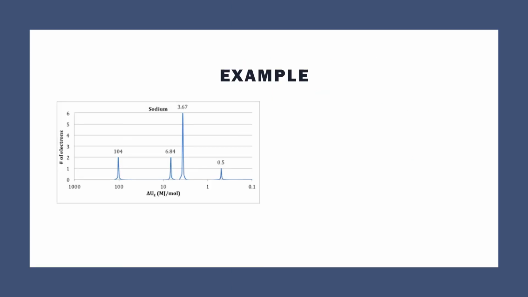So here's a better image of sodium's photoelectron spectra. Again, we're seeing the number of electrons on the y-axis and the binding energy on the x-axis. But look at the values. See the 1000 and 0.1. So the axis is reversed. The highest energy one, the one furthest to the left in this case, would be the 1s.